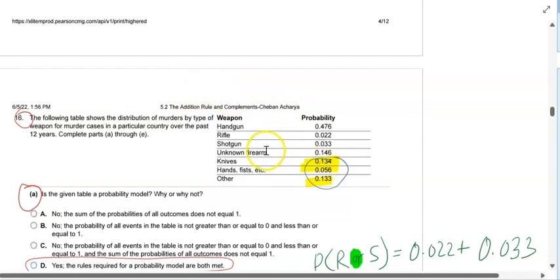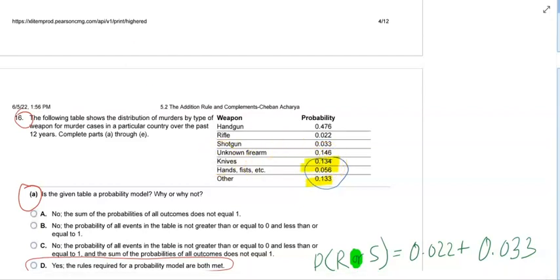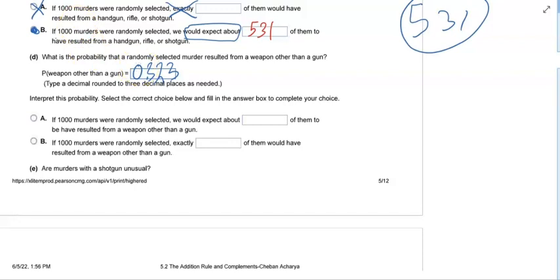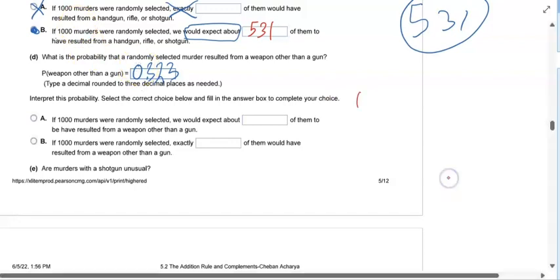Therefore, the probability that a randomly selected murder resulted from a weapon other than a gun is 0.323. Why? Because you add these three probabilities, which are the probabilities of murder by other than gun. To interpret this probability, you multiply 0.323 times 1000 because we select 1000 murders.